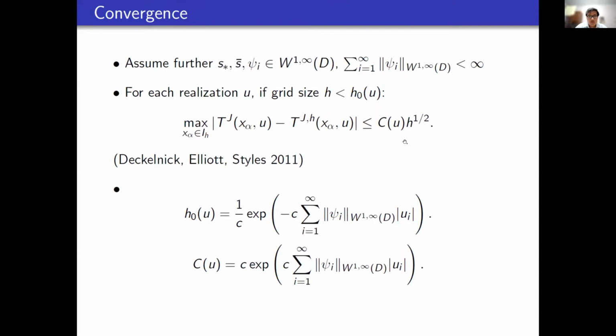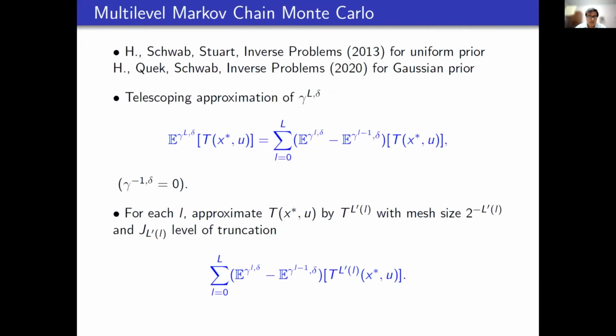You can see that if you fix an H, the C_U here can still be really big for some U. So that is why we need to modify the method we developed in this paper here for the Gaussian case, which I do not have time for all the details here.